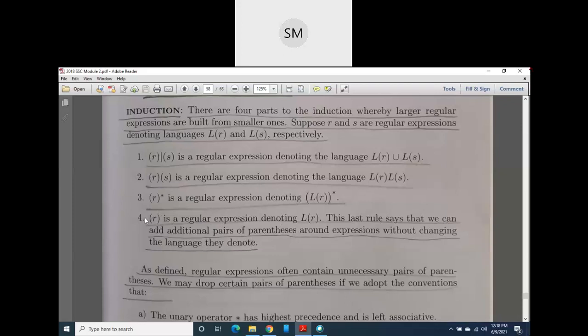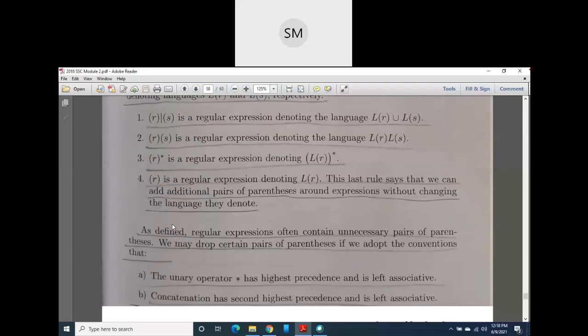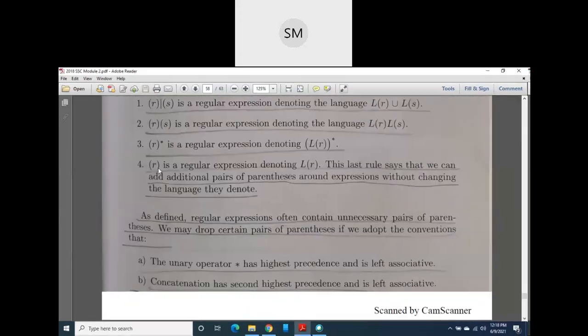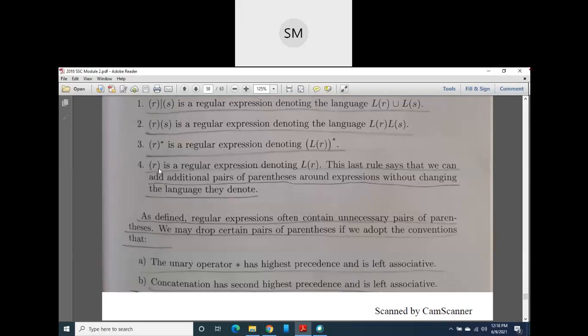Then this regular expression will represent our language L of R, which is created by the regular expression and symbols R. It is not mandatory to use these parentheses. Keep it in your mind. If you write R also, then it is fine. So this type of unnecessary parentheses we can remove in our regular expressions. If you want a clear picture, then you can use these parentheses.